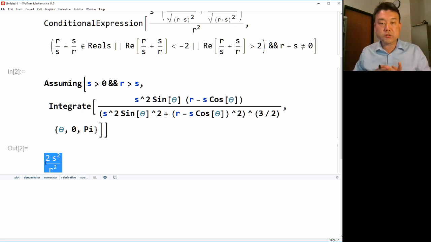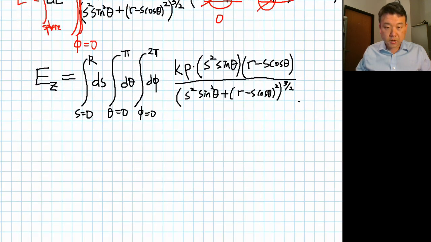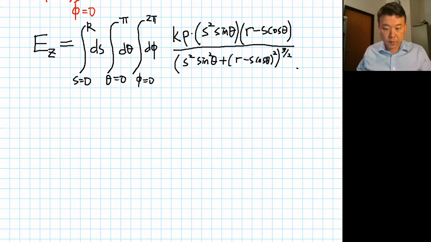So let me use this to simplify the expression we had before, and maybe I can do the rest of the integrals myself. All right, the result of doing the theta integral was 2s squared over r squared for all this complicated expression here. So let me write that down first.